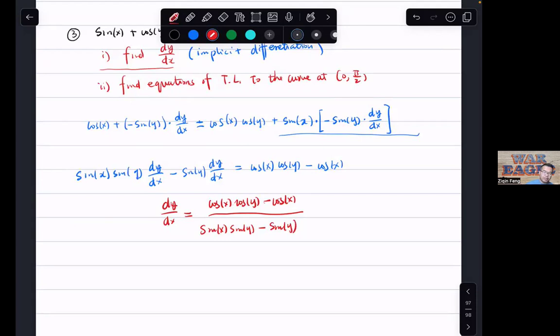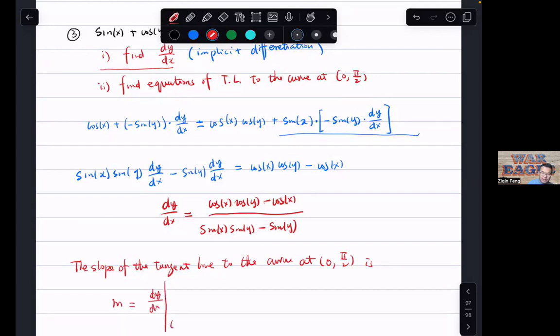So the slope of the tangent line to the curve at the point (0, pi over 2) is, let's call that m, equal to dy over dx at the point.